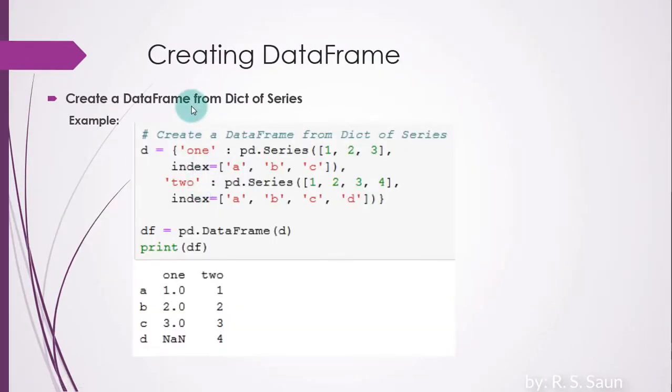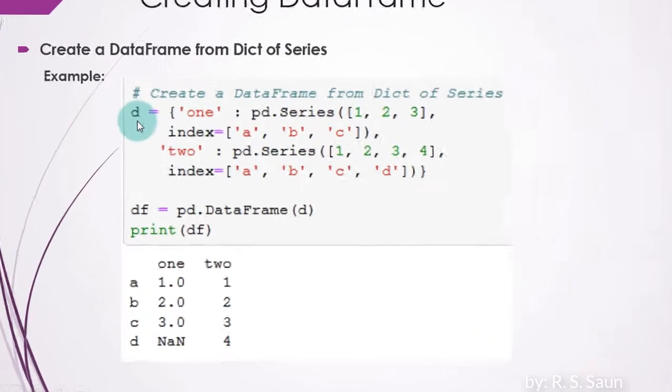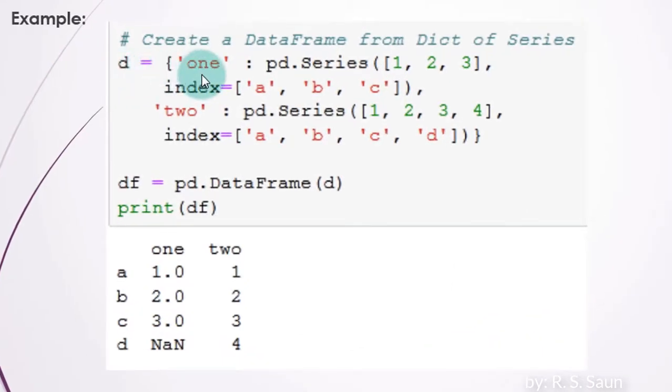We can create a data frame with the help of a dictionary of series. Here is an example. You can see I have created a dictionary: d is equal to, 1 is the key, and in the values section I specified a complete series, pd.Series 1 2 3, and the index is equal to, let's say, A, B and C. Similarly, for the second key, I have specified a series object and also specified the index values for the series.